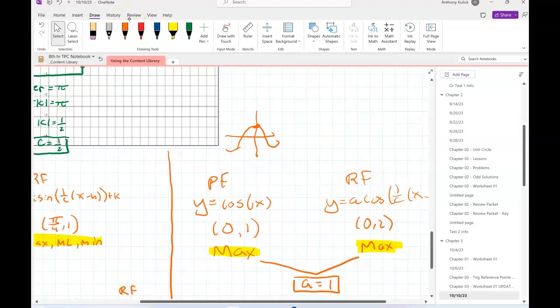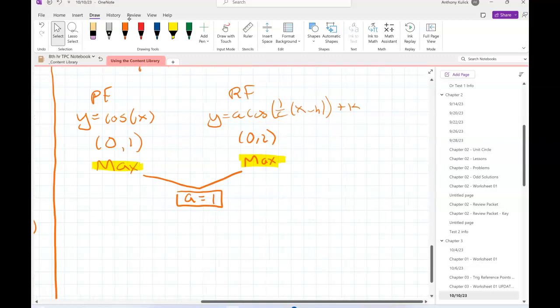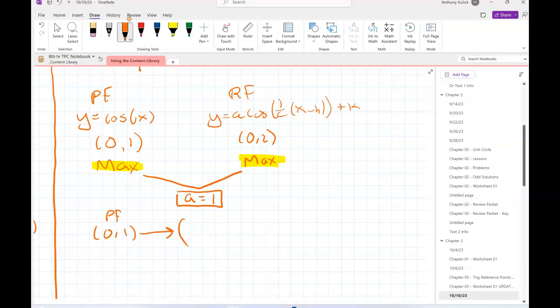Cool? Okay. And then we'll do the same thing we did before to find h. So we're going to take the point 0, 1 from our parent function, and we're going to transform it by doing c times x plus h, and then a times y plus k, and that needs to give us the point 0, 2.